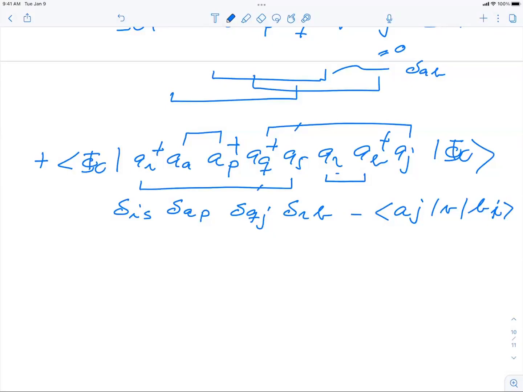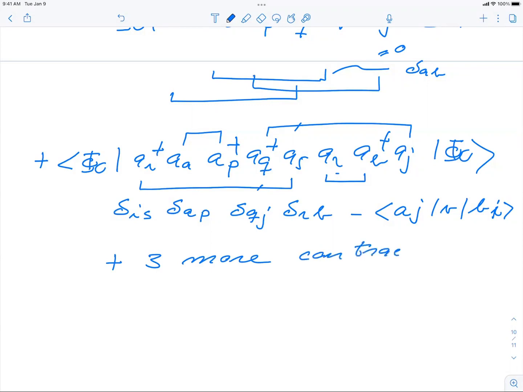Now what I can do is continue, and there will be 3 more contractions which are going to give something which is non-zero. I'm going to leave that as a small exercise to everybody here. So plus 3 more contractions.